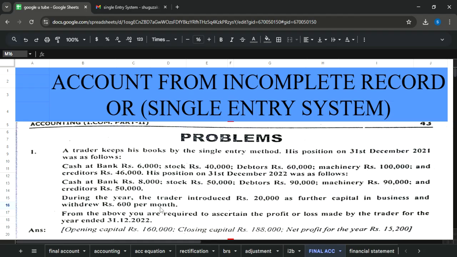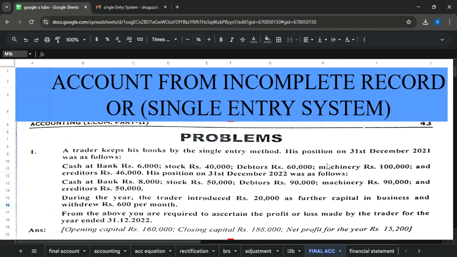Whenever you start single entry system, you will always focus upon two dates. As you can see in the first line, it is said his position on 31st December 2021. There should be another date. Over here, you can see your second date is visible, 31st December 2022.